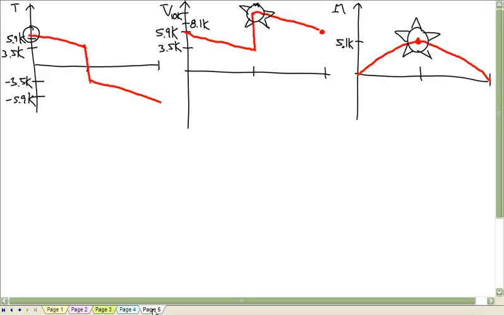I mean, the first time? The maximum bending moment was 5,000 on number 2. Mm-hmm. The maximum shear force was 10,000 on number 2. And the maximum tension was number 1 at 5,000.